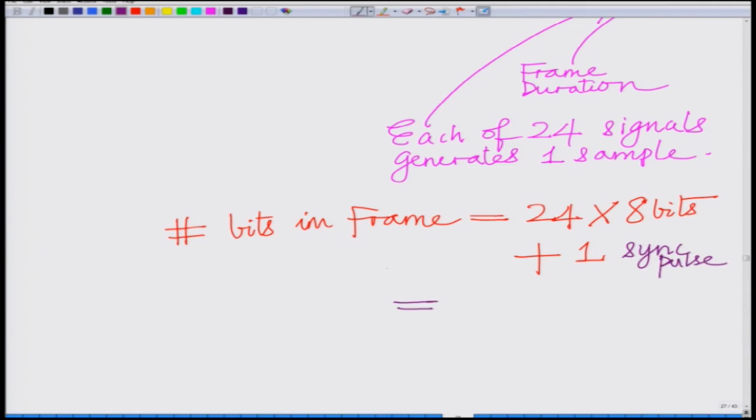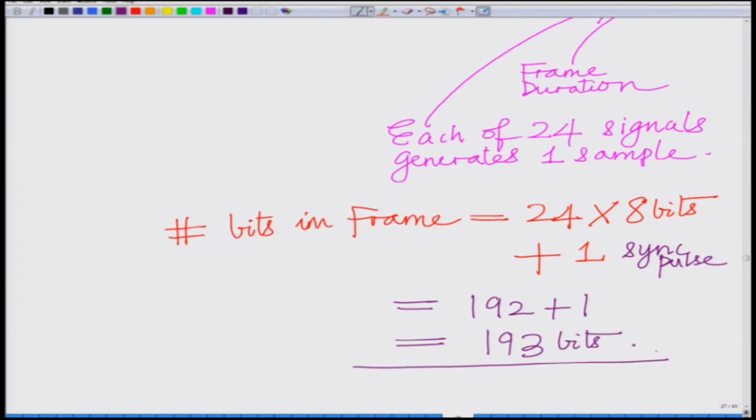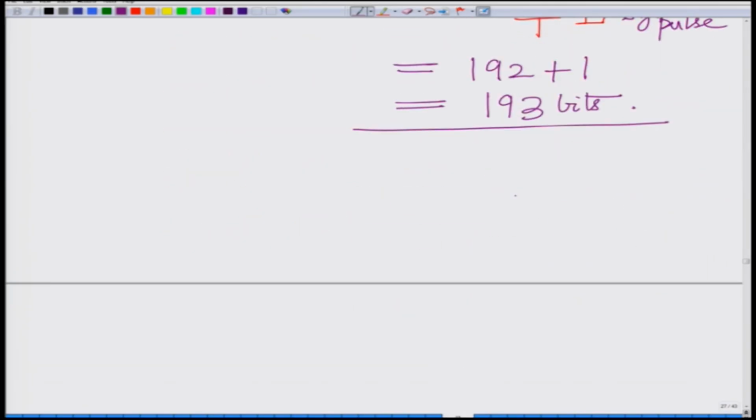So, 24 into 8 is 192, plus 1 sync bit, that is equal to 193 bits. Total bits per frame equals 193.